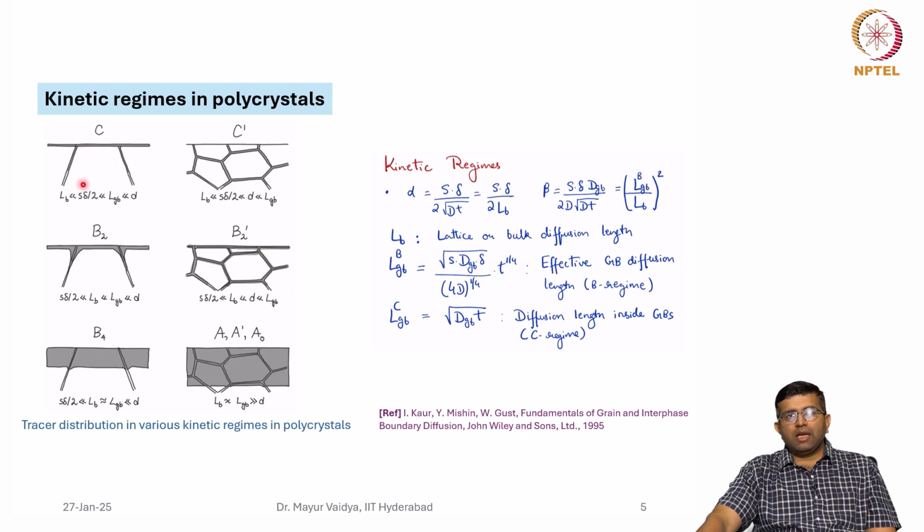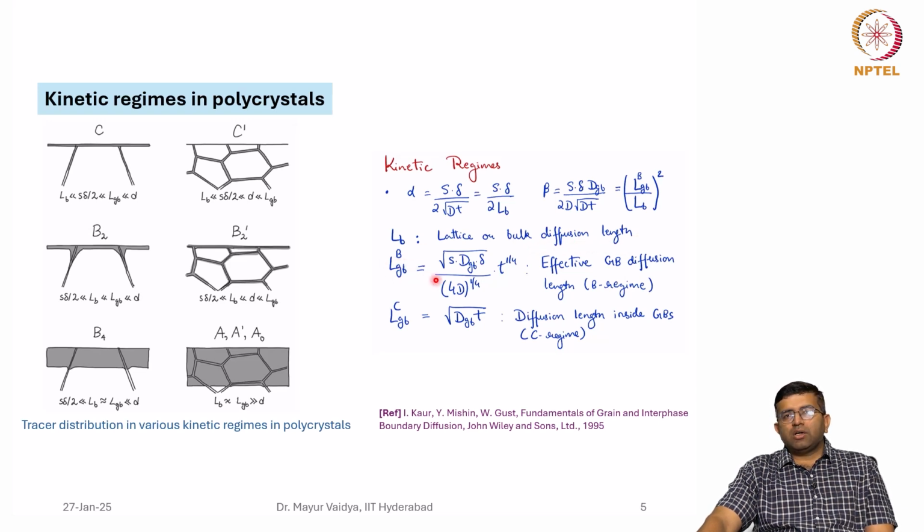This is the C kinetic regime, which applies when you have LB and LGB in this kind of relation. What is LB? LB is the lattice or bulk diffusion length, which is equal to root Dt.